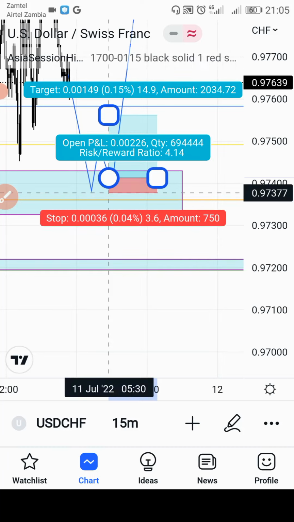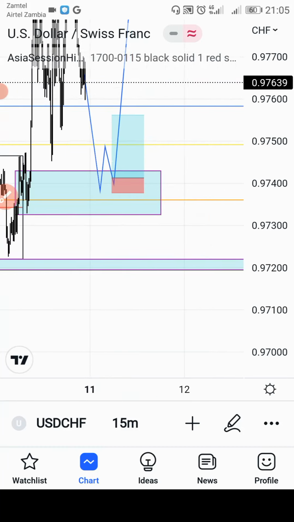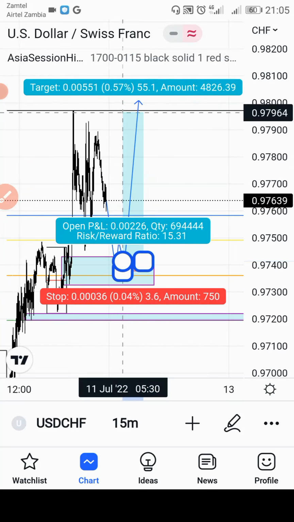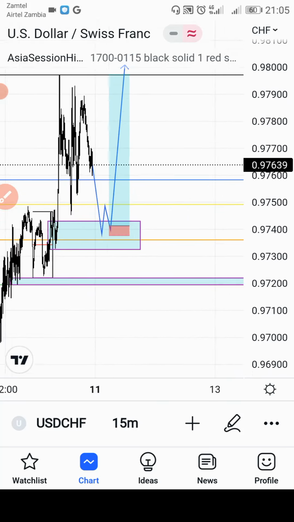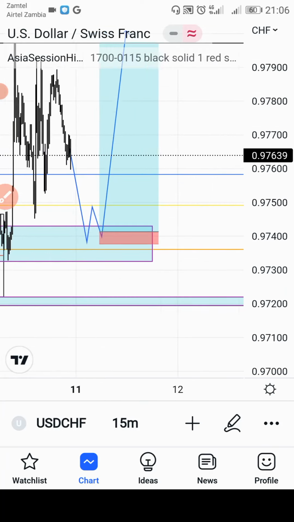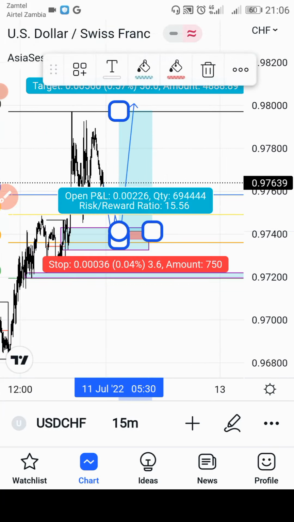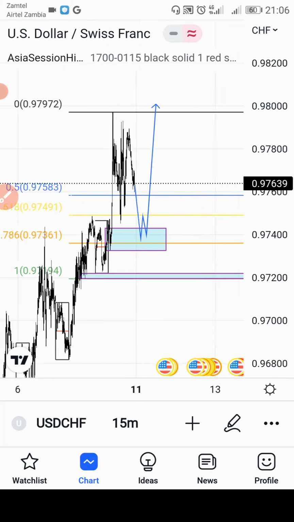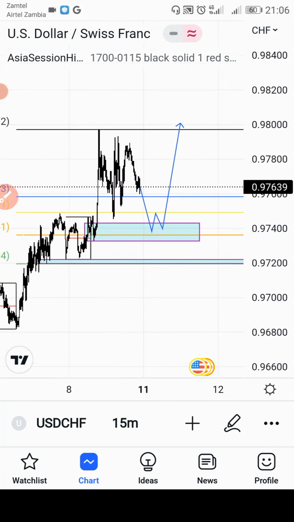This is just a theoretical thing, it doesn't really mean that this is exactly what will happen. It's very theoretical. We can look for a trade like this. Depending on the stop loss, we can get a very high risk reward. Yes, right there. And that's for USDCHF.